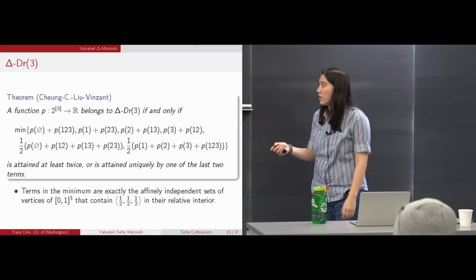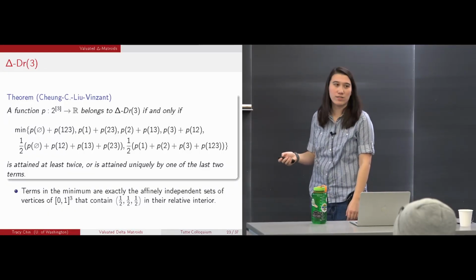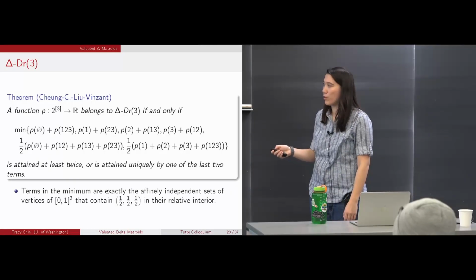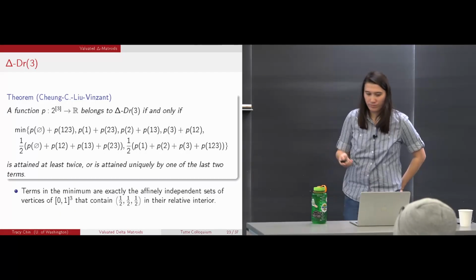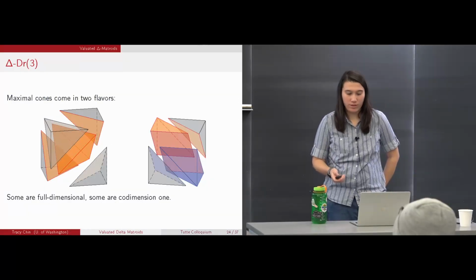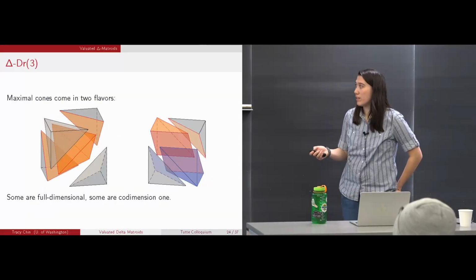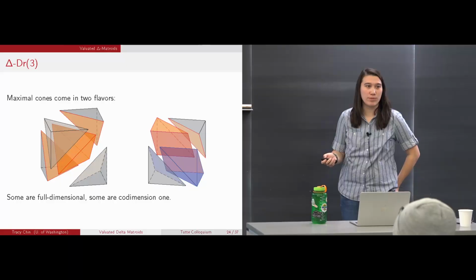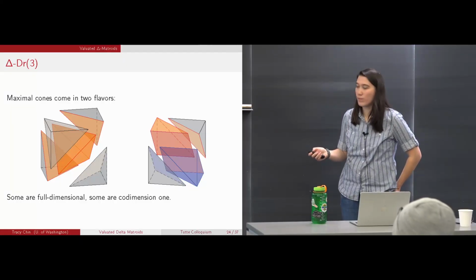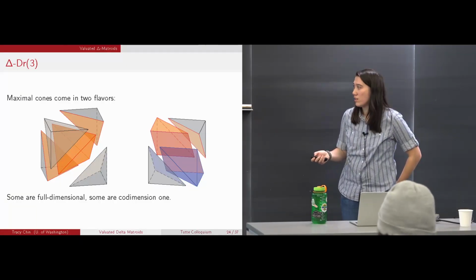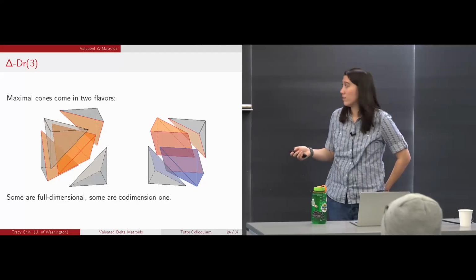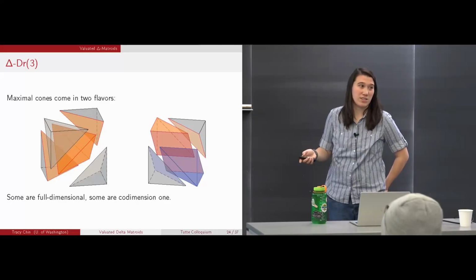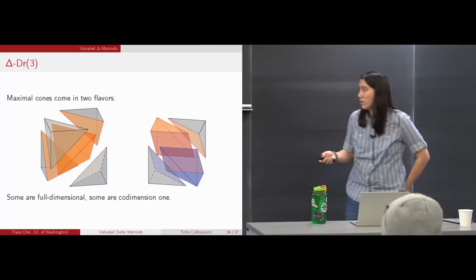So either it has to be attained by 2 of the diagonals, or it has to be attained by 1 of the simplices. So there are 2 flavors, right? Either it's attained uniquely by a simplex, or it's attained twice by 2 of the diagonals. So in particular, this is a full dimensional cone in the secondary fan. This is codimension 1. It's a little weird, but it's fine.